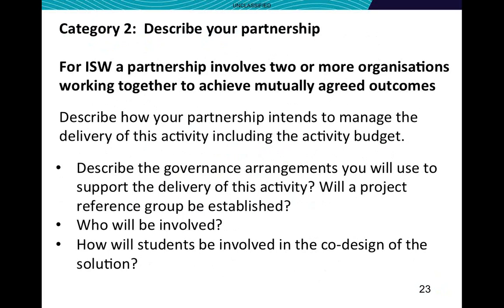You're going to want to describe how the partnership intends to manage the delivery of the activity, including the activity budget. When there's partners involved in a project, it's really, really critical that you tell us about their roles and responsibilities. You know, what are the governance arrangements you're going to use to support the delivery? Are you going to have a project reference group? And who's going to be involved? And again, it's a critical component to explain how students will be involved in the co-design of that solution.